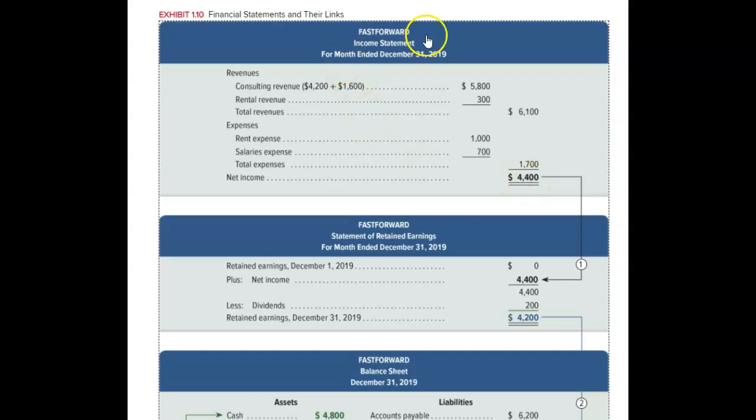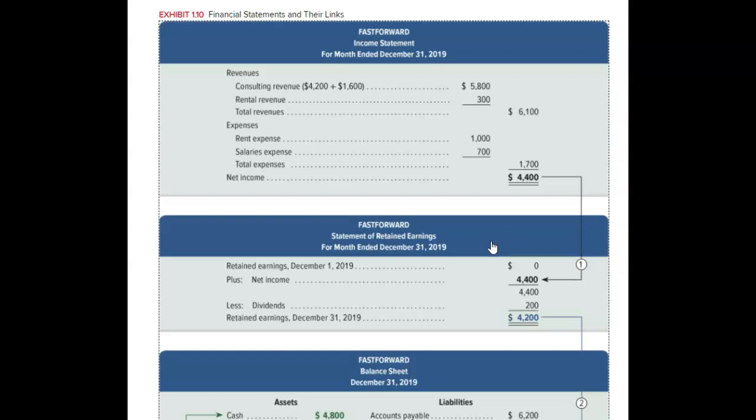Next, after preparing the income statement, we will need to prepare a statement of retained earnings. The purpose of a statement of retained earnings is to show how retained earnings changed during the period. Do you remember from our first video lecture that equity is influenced and changed by the activities of a business?